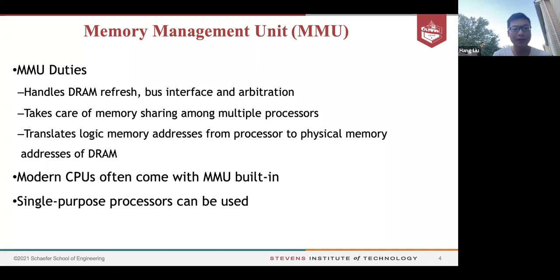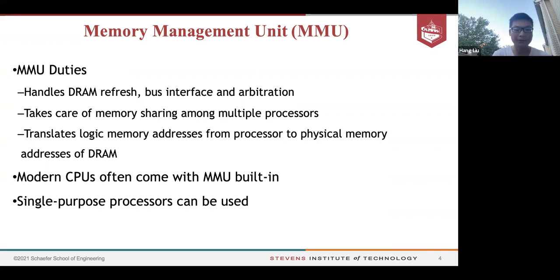It takes care of memory sharing among multiprocessors. It translates the logical memory address, or virtual address, from the processor to the physical memory address of DRAM. Modern CPUs often have the MMU built in, so keep in mind the MMU is featured in the CPU chip, and it does that for DRAM.